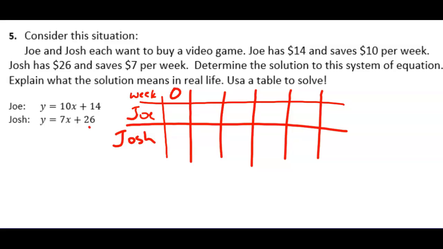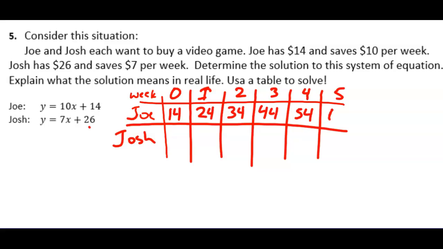Well, we have to look at week 1. Week 1, Joe's got $14. No, week 0, I'm sorry. Week 1, he's got 14 plus 10, which is 24. Week 2, he's got 34, because we're going to add 10 to the 24. Week 3, he's going to have 44. Week 4, he's going to have 54.